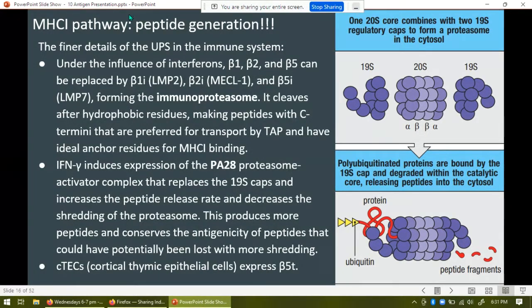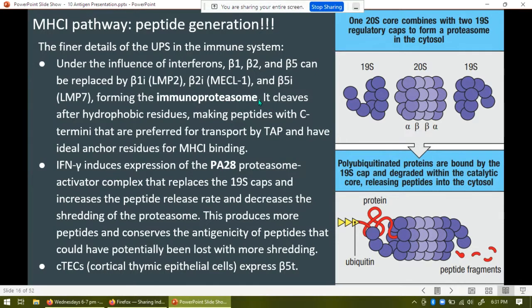Now, in the immune system, the UPS does some interesting things. If you stimulate a cell with interferons, each of the subunits of the catalytic core can be replaced by an inducible form of each of the subunits. So beta 1I, beta 2I, beta 5I, and that forms the immunoproteasome.